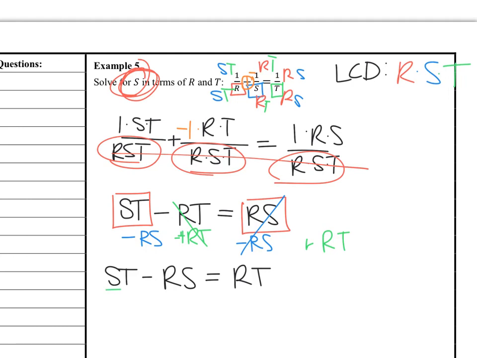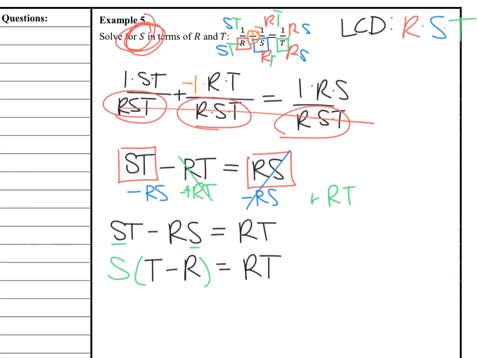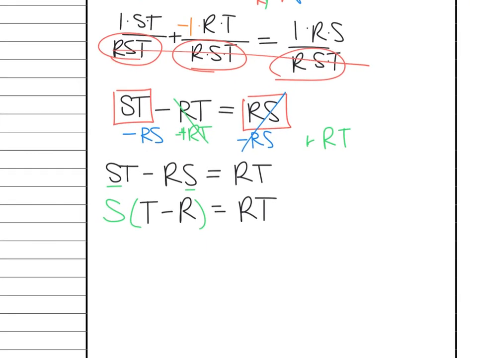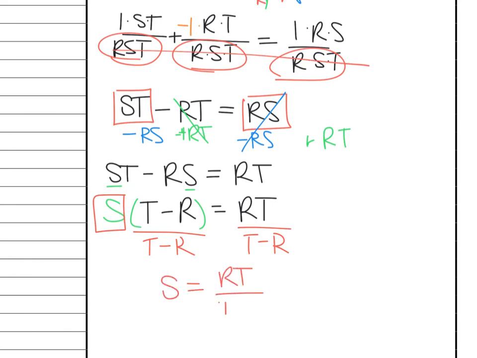So I can notice that there's an s in both of these terms. So I take an s out as a GCF, and we're left with s times t minus r equals rt. And to continue solving for s, we're going to get s alone by dividing both sides by t minus r. So now we have s equals rt over t minus r. And that's all that we can do here, because all it asked for us to do was solve for s.